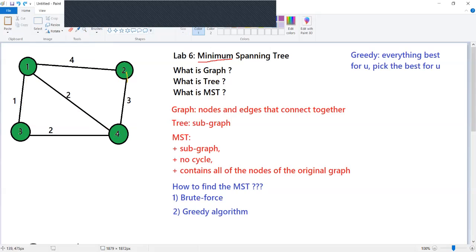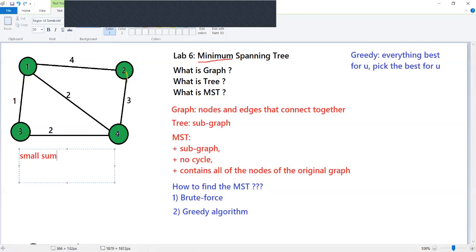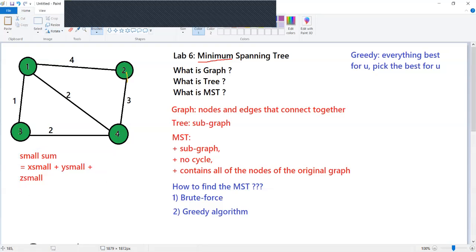In order to have a small sum, every element inside has to be small: x has to be small, y has to be small, and z has to be small too. Your goal is to find all the smallest elements. So in this problem, you're trying to find the smallest path to go, and you try to avoid the long path.